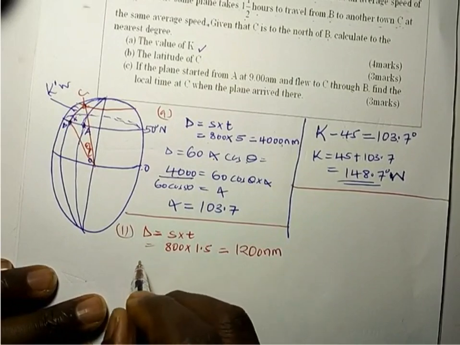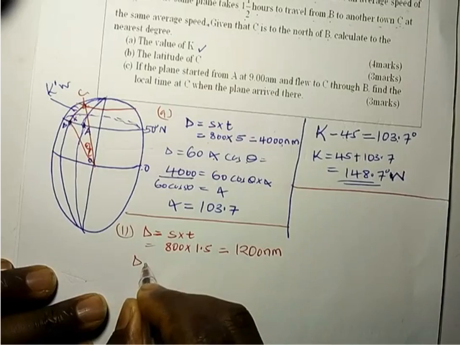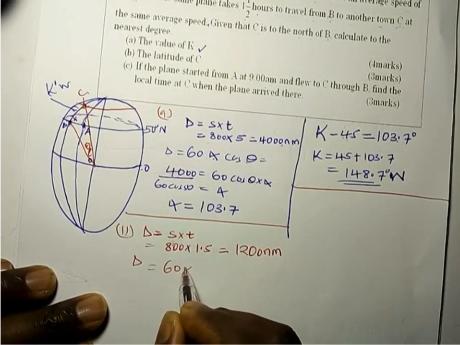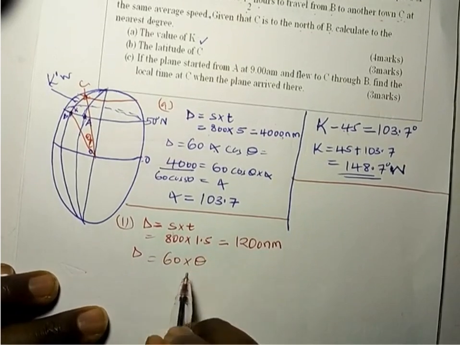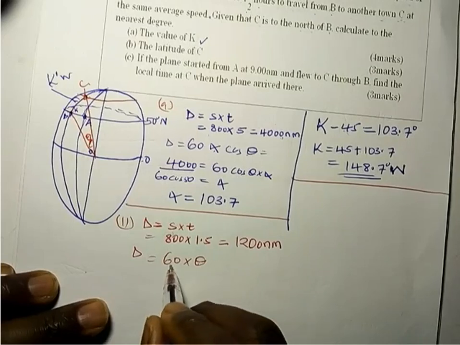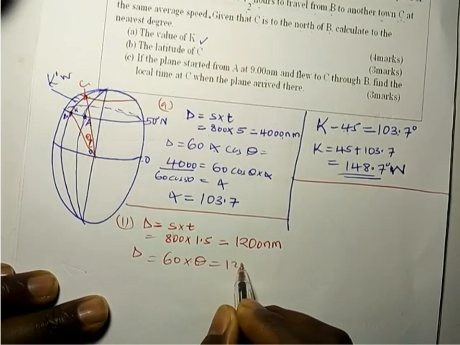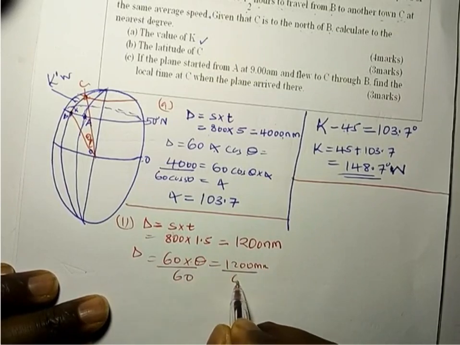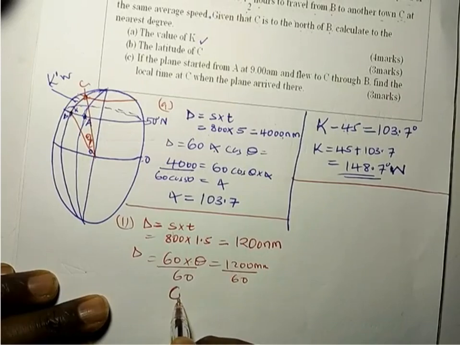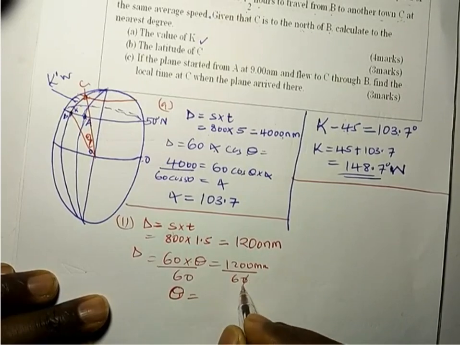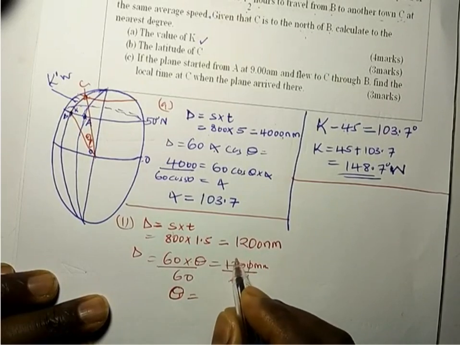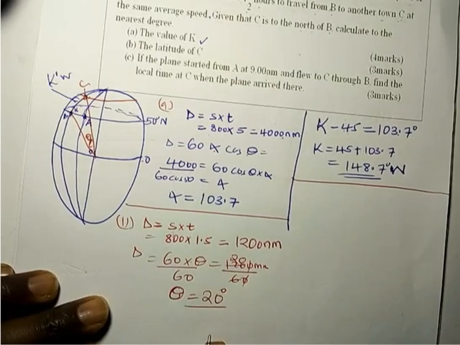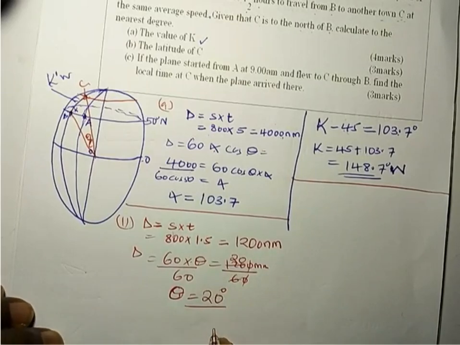How do we get the distance in nautical miles? Distance in nautical miles on a great circle is simply 60 times theta. So 60 times theta is equal to 1200 nautical miles. Divided by 60, therefore theta is equal to 20 degrees.